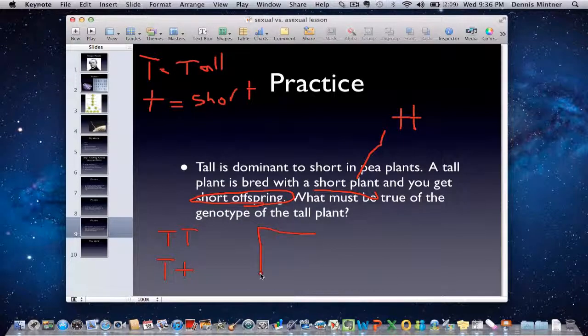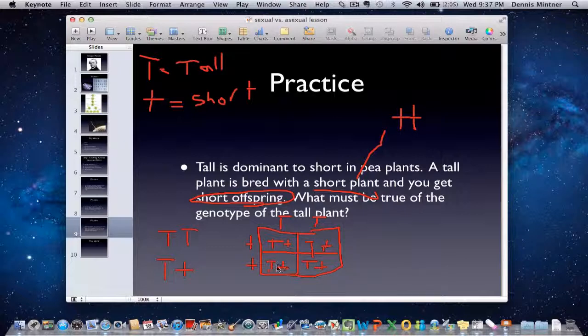Now if I have a short plant, little t, and I breed it with that possible parent, big T, big T. If we go back to our first question, you'll see that if you have homozygous for the dominant allele, we have a 100% chance that the dominant phenotype, which is what it looks like, will show up.